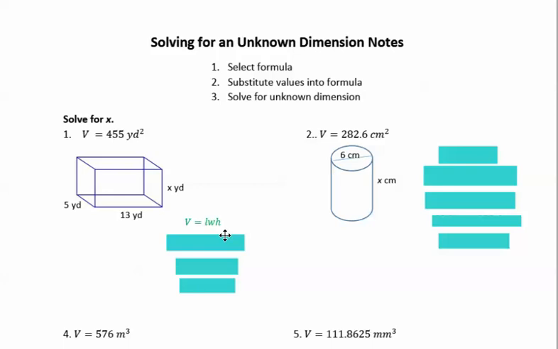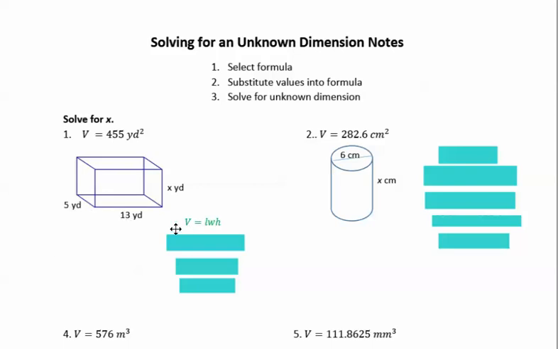After you figure out what formula we're going to use and you write it down, we are going to substitute values into the formula. So we know that the volume is 455. So instead of writing V, we're going to write that instead of V. Instead of writing length and width, L and W, we're going to plug in 5 and 13.